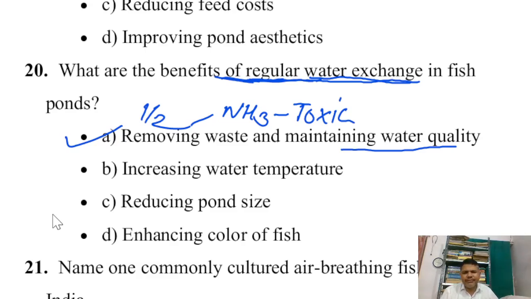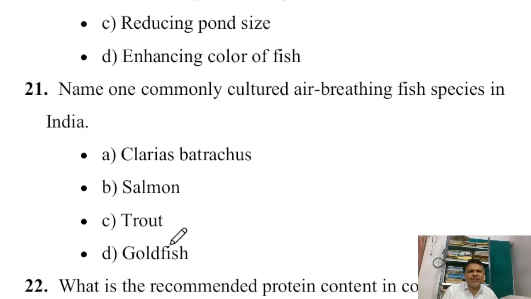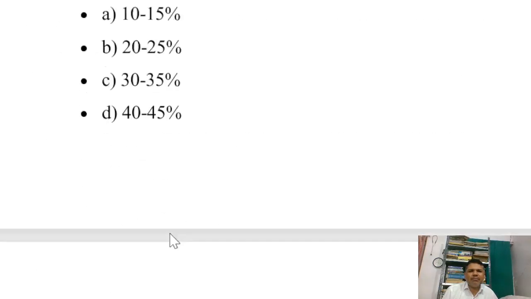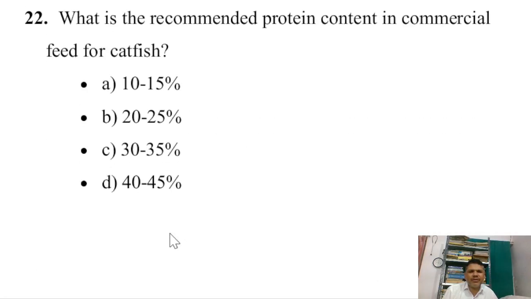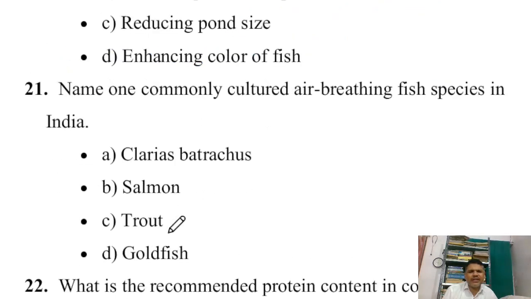Next one, 21. Name one commonly cultured air-breathing fish species in India. It is a very popular fish when we talk about air-breathing fish, particularly in the Indian context. So it is Clarias batrachus.